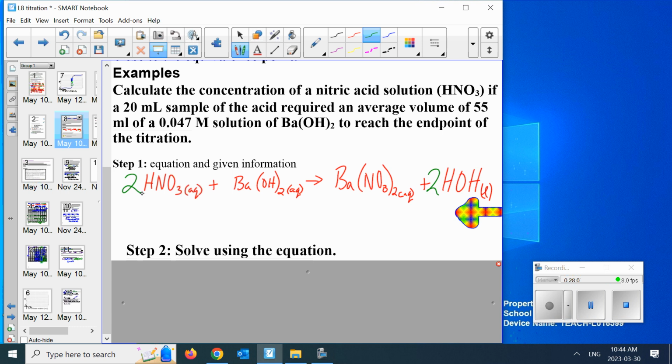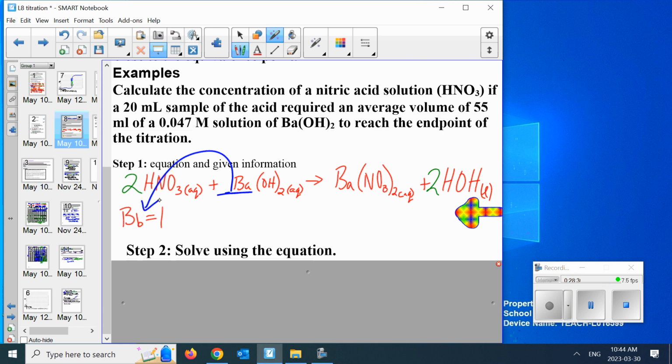Equations and given information. Now, I won't normally ask you to write up the given information, but this is for learning, so I'm going to. So the balance number in front of the base is a 1, barium hydroxide. You guys know why we did that, right?